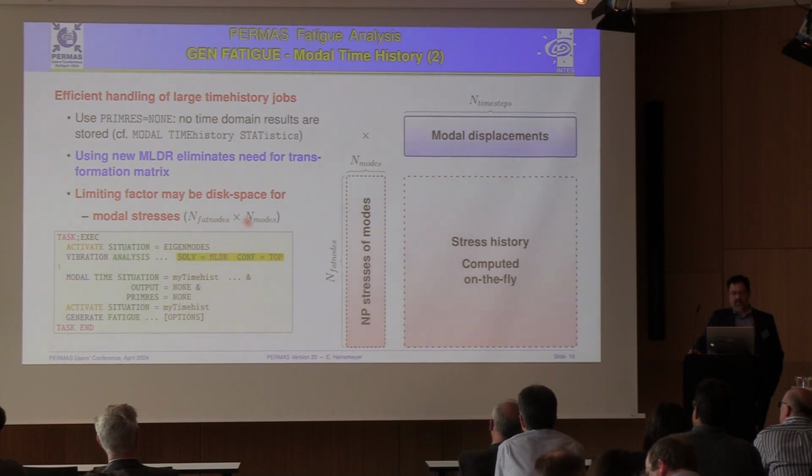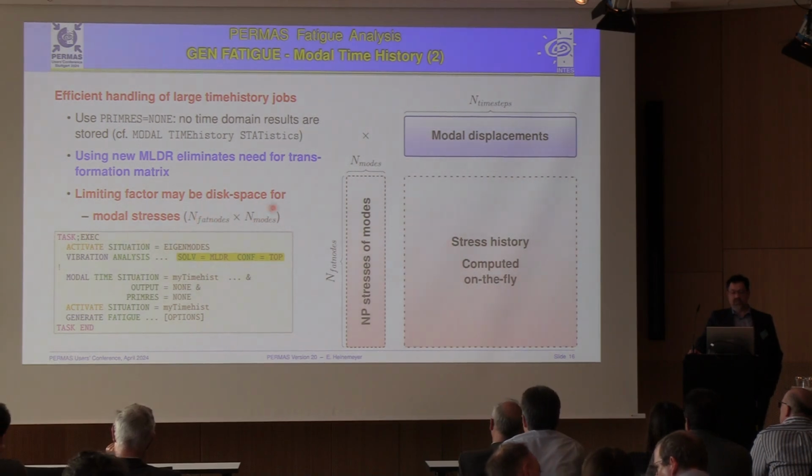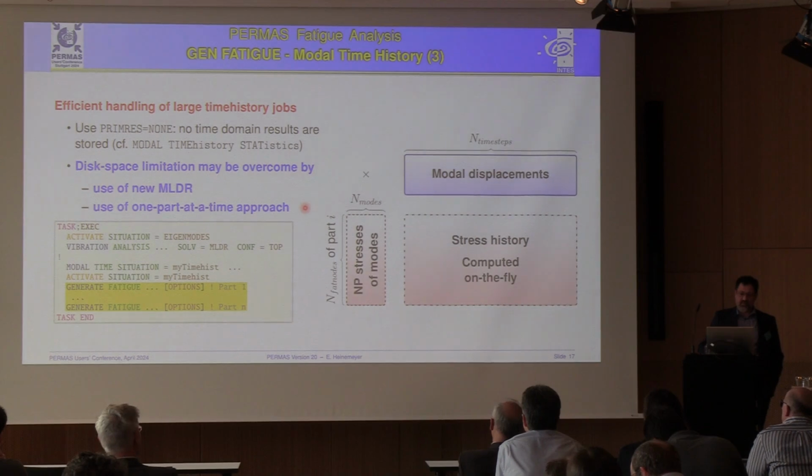It still might be the case that you have a large portion of the model that you want to analyze. So the number of fatigue nodes may be the problem, especially if you want to increase the number of your modes. So in this case, what you can do is you can use again the possibility that you can do multiple fatigue analyses within the same situation, and you can simply just use what we would call a one part at a time approach.